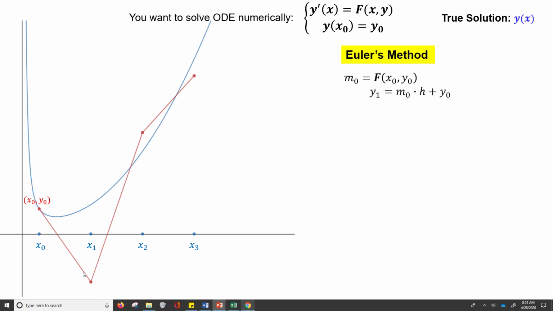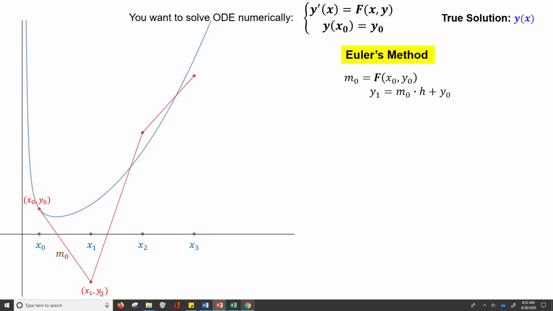So the slope of this line, m sub naught, is big F evaluated at x sub naught, y sub naught, and then the value of y sub 1 is m sub naught times h plus y sub naught, right? So that should give you x sub 1, y sub 1.